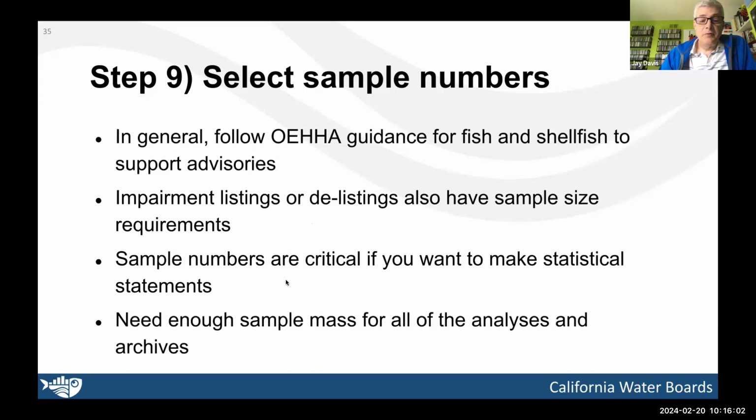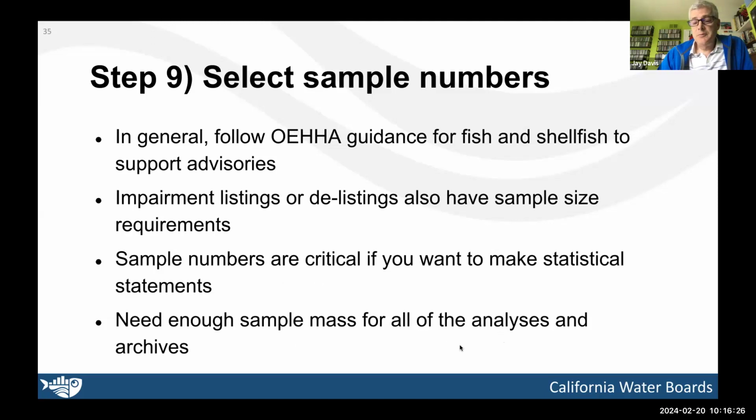The numbers of samples are also critical for statistical analysis if you want to do stats with your data. More samples give you more power, but they're more expensive. So there's a balance of statistical power and cost that you need to figure out. And then importantly, also you need enough sample mass for all of the analyses and archives.